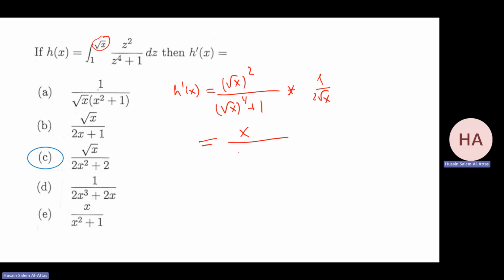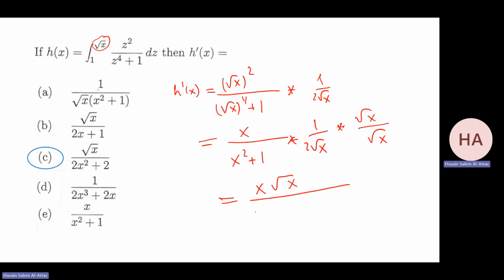That gives me x over x squared plus 1 times 1 over 2 square root of x. I notice sometimes there is a square root of x in the numerator, so I just rationalize it. That gives me x square root of x over 2x times x squared plus 1. So x with x cancelled, I have square root of x over 2x squared plus 2, which is this one.